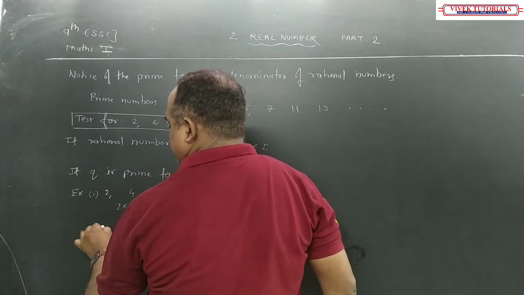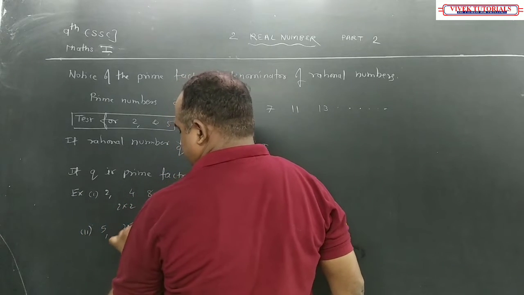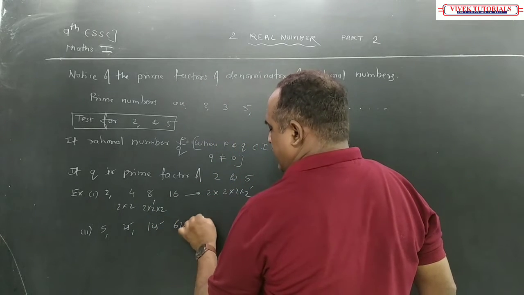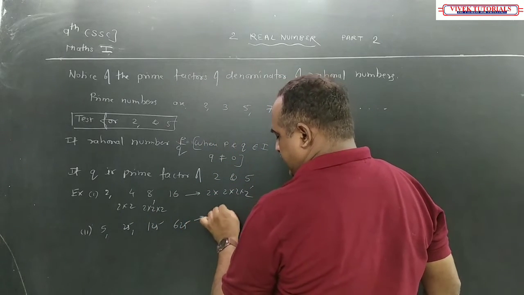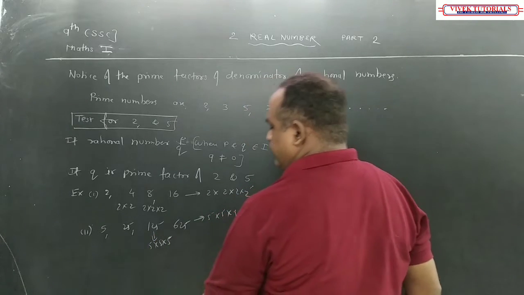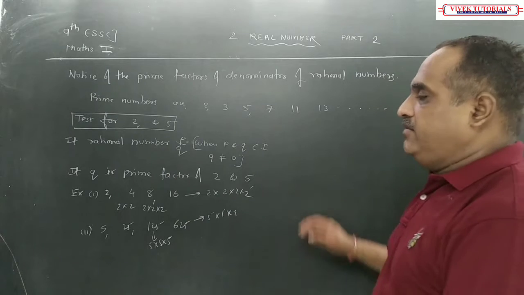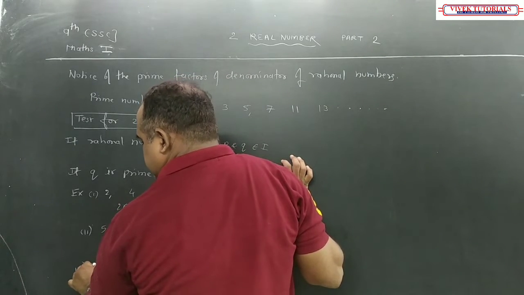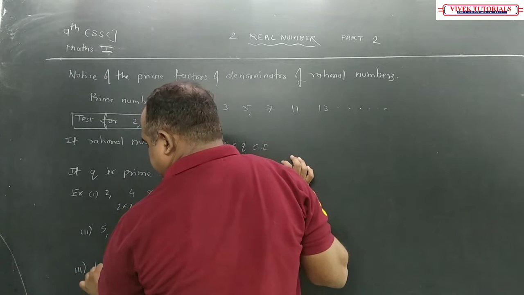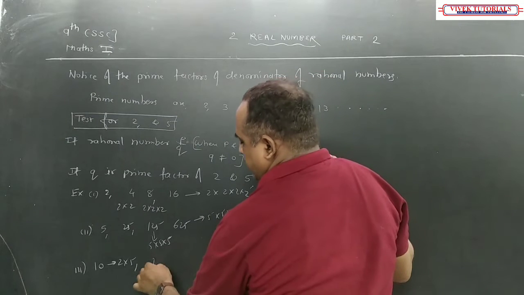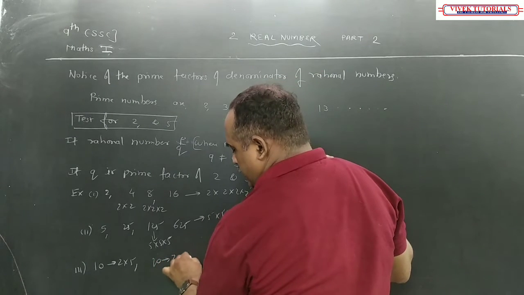Second example is suppose 5, 25, 125, then 625. Here what is happening? 5 into 5, 5 into 5 into 5. And the third one is, suppose it is 10. 10 is actually 2 into 5. 20 will be 2 into 2 into 5.